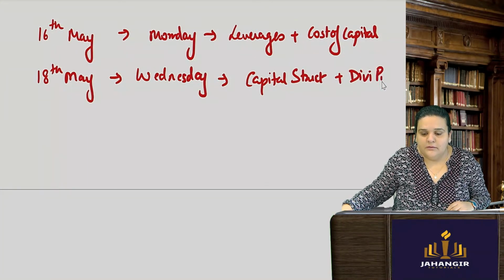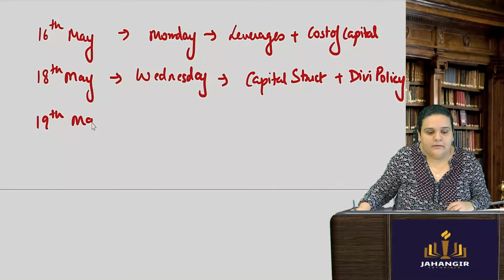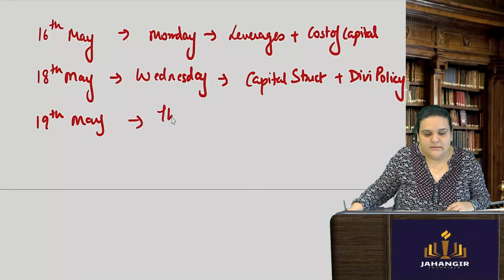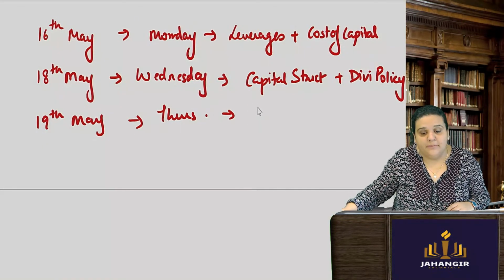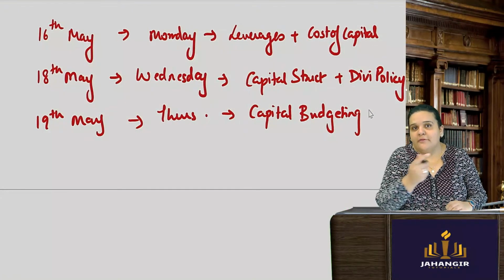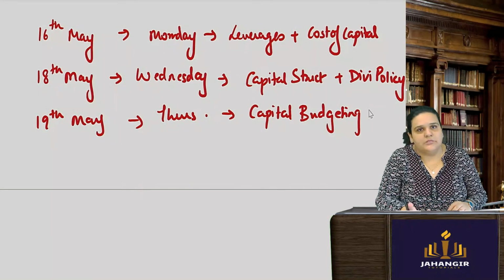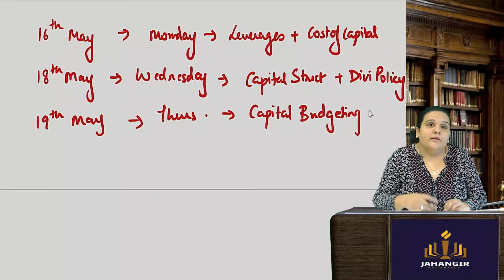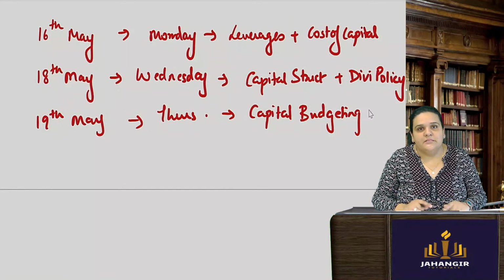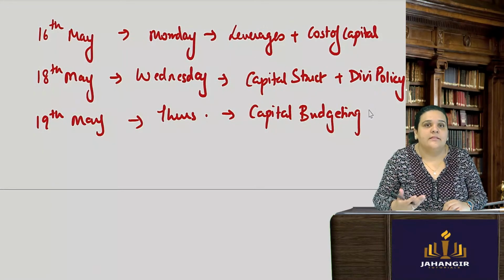And then on 19th of May, that is Thursday, with capital budgeting, past exam questions, and a quick explanation of time value of money, which is very important. Most of the questions in capital budgeting are based on time value, so we are going to solve this. Take a note of this timetable. Keep it with you, and you all can attend these sessions and make the most use out of it.